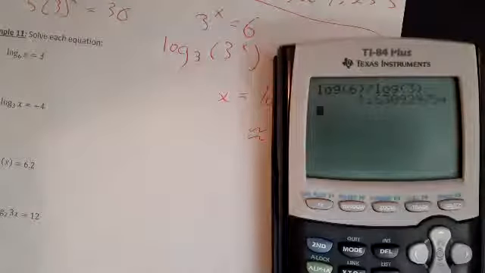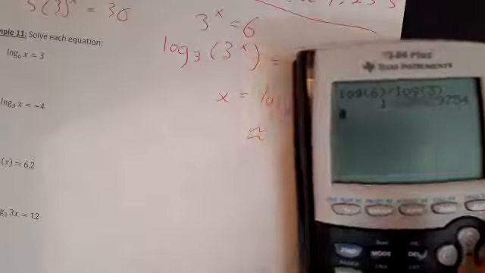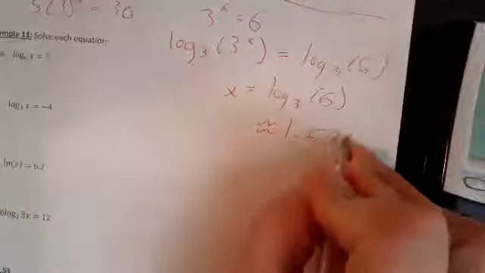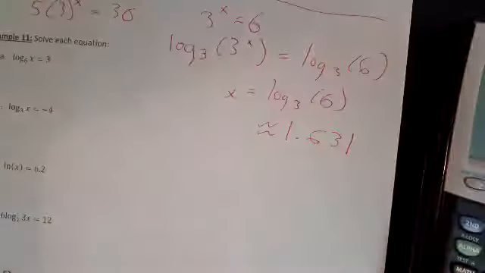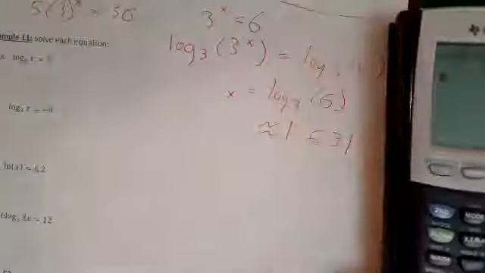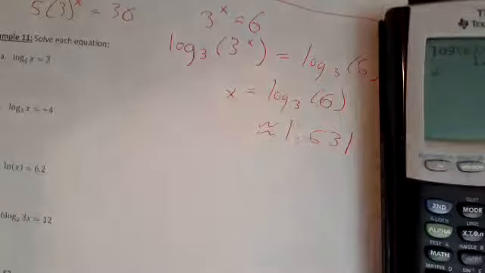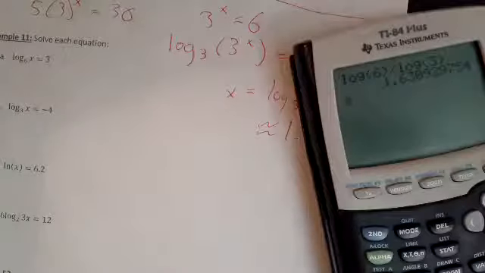That will give me an approximation. So this is about 1.631. And again, you're going to have to look at your calculator and see how your calculator does things, because I know some of them will actually do these little logs now. Some of them you're going to have to do this change of base formula to figure it out.